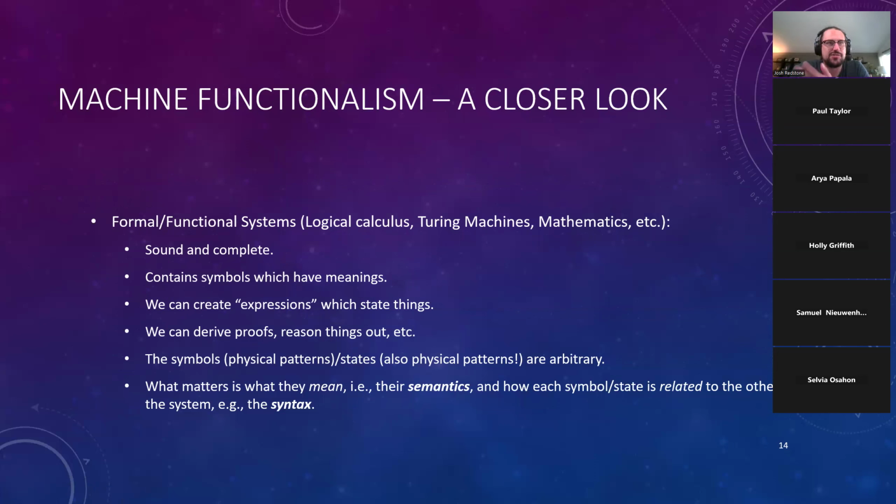We can create expressions out of these symbols which state things, and we can use those to reason things out. The actual symbols that we use don't matter, right? If you've taken a logic course, you know these logical symbols, your signs for and, or, and there exists. You guys know what I mean if you've taken a logic course?